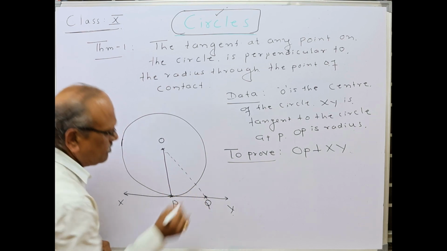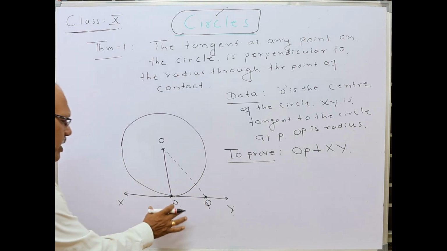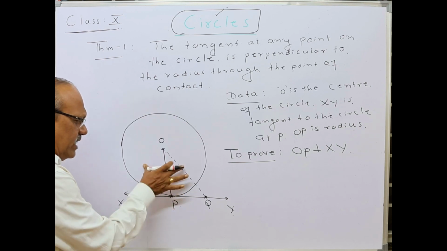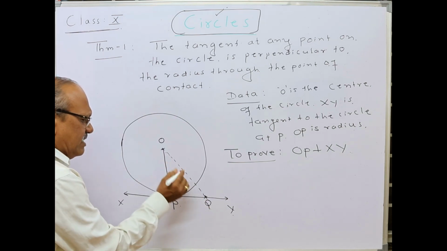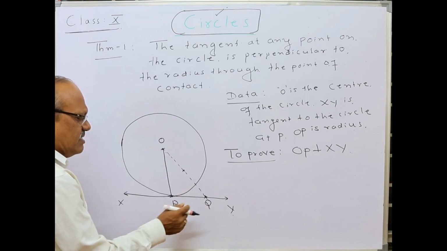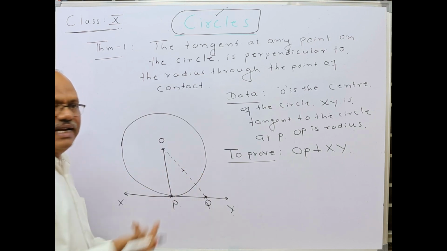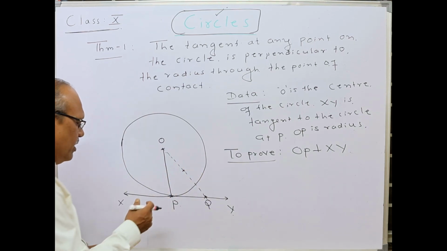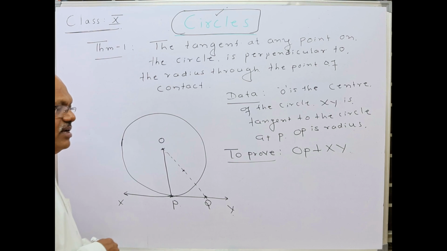You can observe that if Q is inside the circle, then XY would have been a secant. It will not be a tangent to the circle.